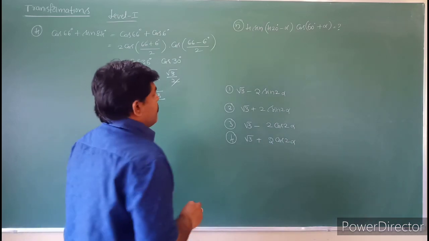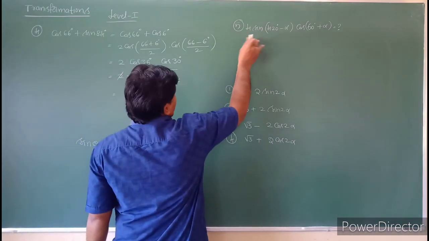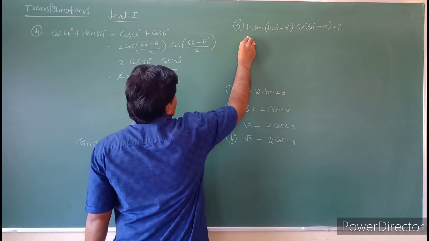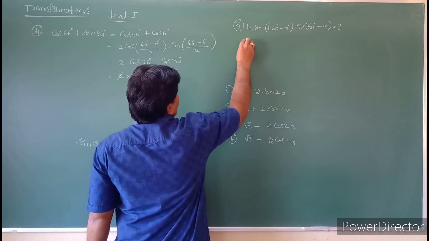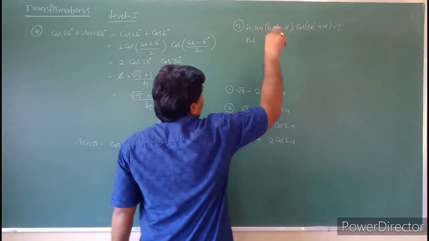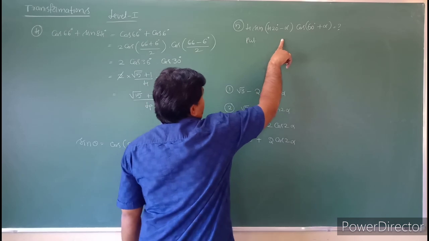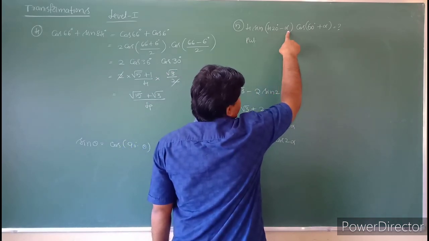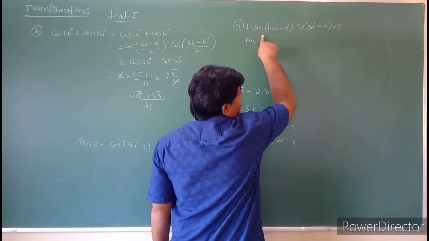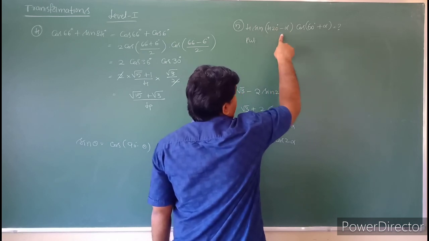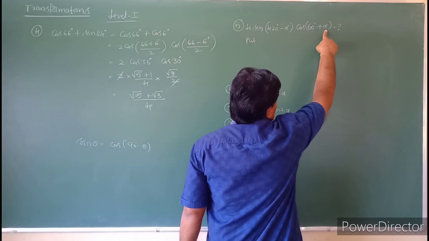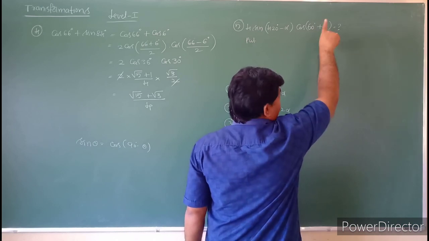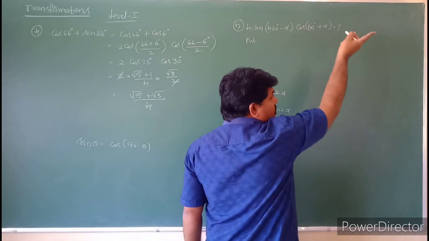So how to verify this? I will take alpha value here. Alpha is equal to 60. 420 minus 60 will become 360. Already you know that sin 360 value. And also here alpha is 60, plus 60 it will become 120. So already you know that cos 120 value also.